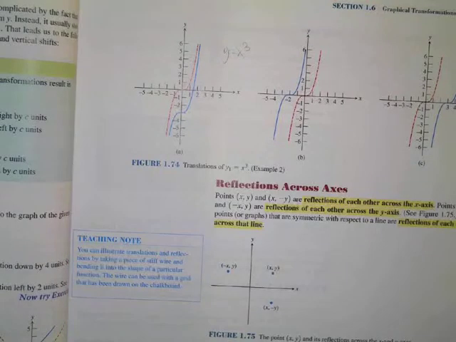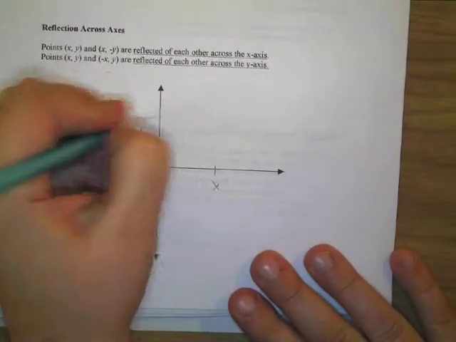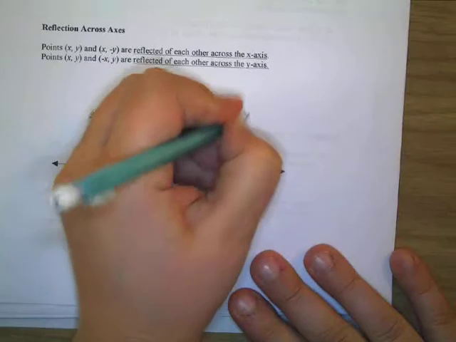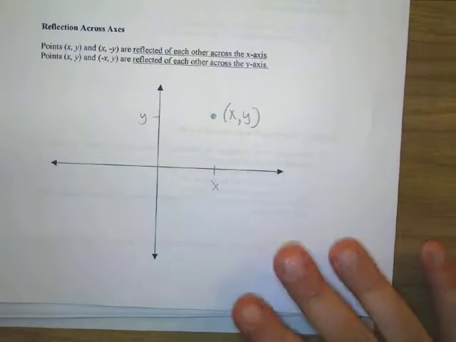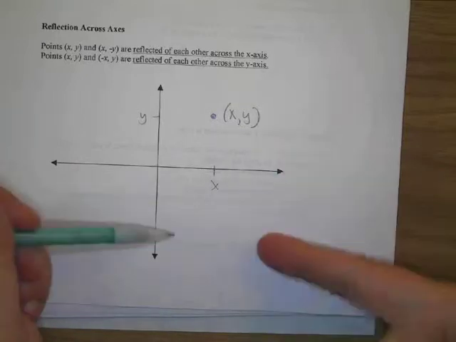The next thing we're going to talk about is reflections over the axes. So if we started with a point at (x, y), that is where we start. And we want to reflect that point over the x-axis.